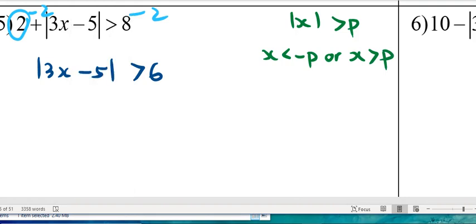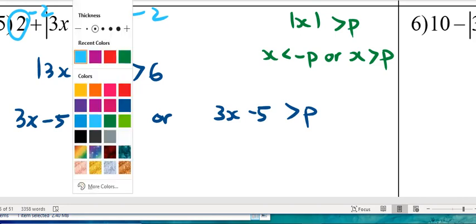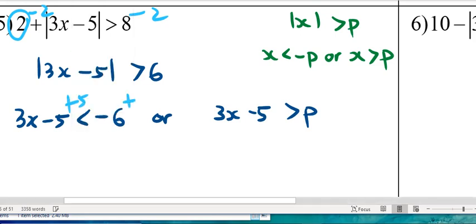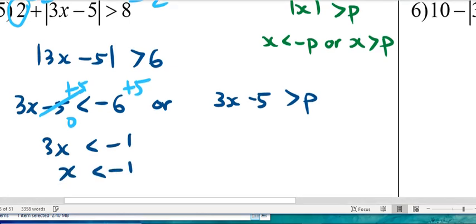So you got 3x minus 5 less than negative 6, or 3x minus 5 more than p. So simplify it, plus 5 plus 5. You have 3x less than negative 1, so x less than negative 1 over 3.